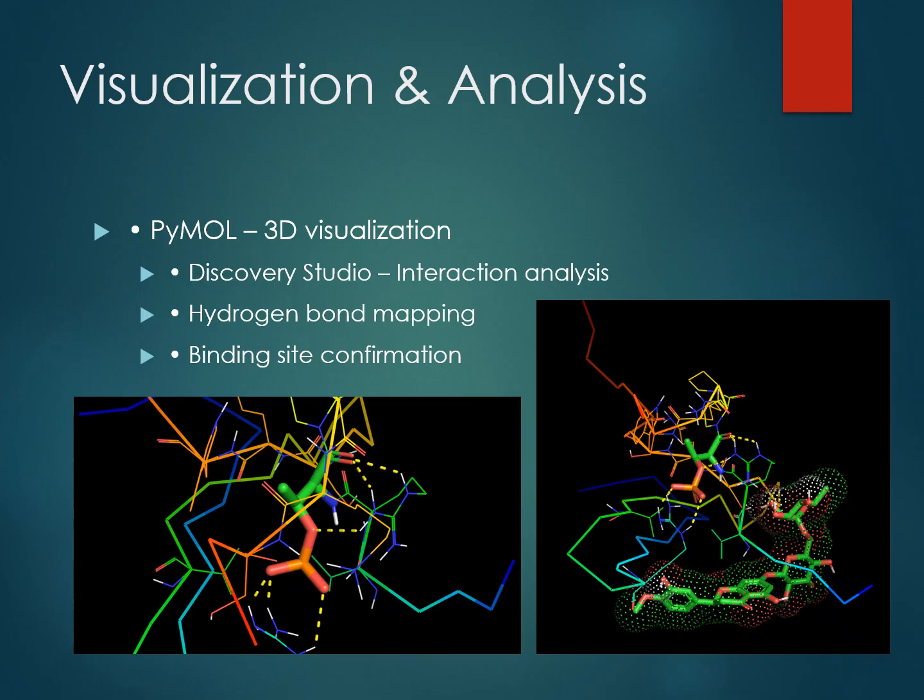Here are the two figures. In figure number 1, the yellow dotted lines are the hydrogen bonds showing the interactions, and in figure number 2, this is the interaction of the ligand and the tau protein, which is not properly shown, but I found this in Discovery Studio.